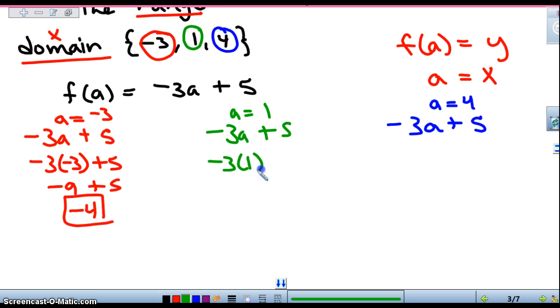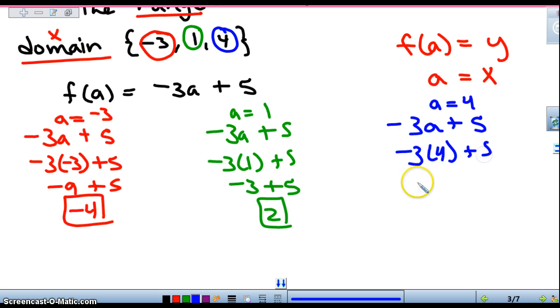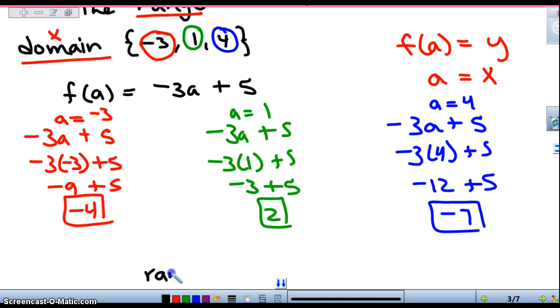Negative 3 times 1 plus 5. Negative 3 plus 5 equals 2. Negative 3 times 4 plus 5. Negative 12 plus 5 equals negative 7. So this means our range is negative 7, negative 4, and 2.